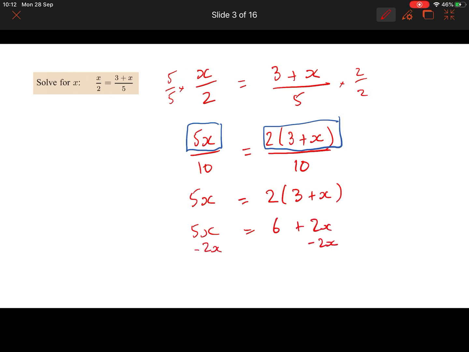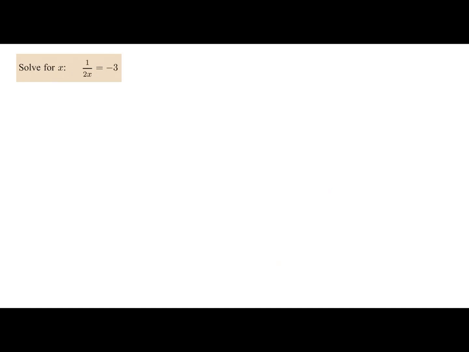So it'll be 6 plus 2x. Take 2x from both sides. 3x equals 6. x equals 2. Okay, so you can make a common denominator, and then once you've got the common denominator, you can actually ignore it, and you know that the numerators must be equal to each other.